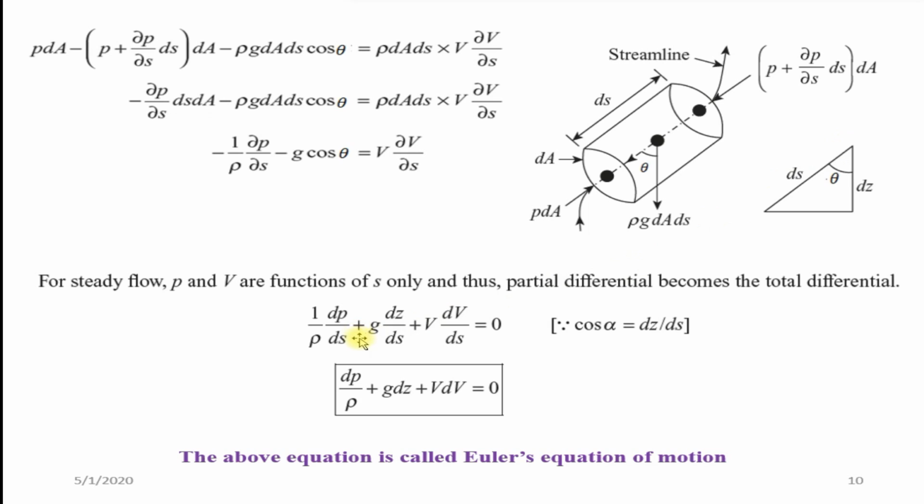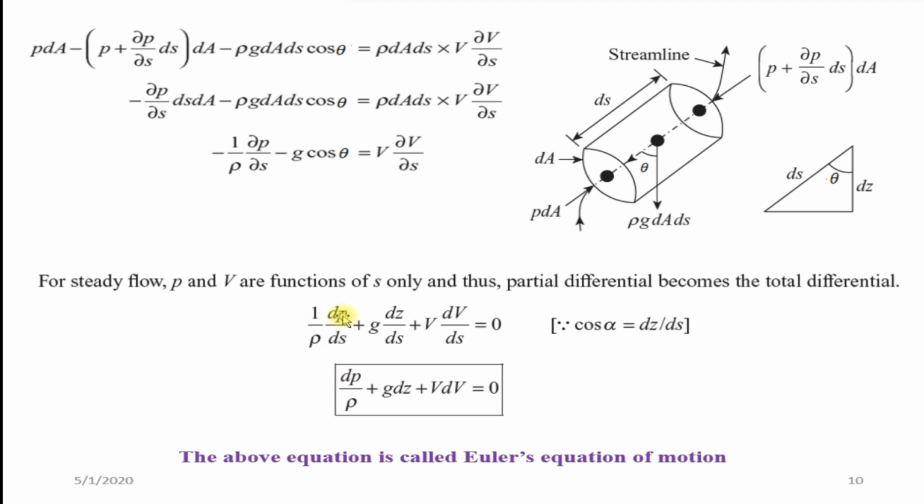So cos theta is written as dz by ds, plus V into dV by ds equal to 0. They have taken all the terms to this side and replaced them with the total derivative, because pressure and velocity are functions of only s.